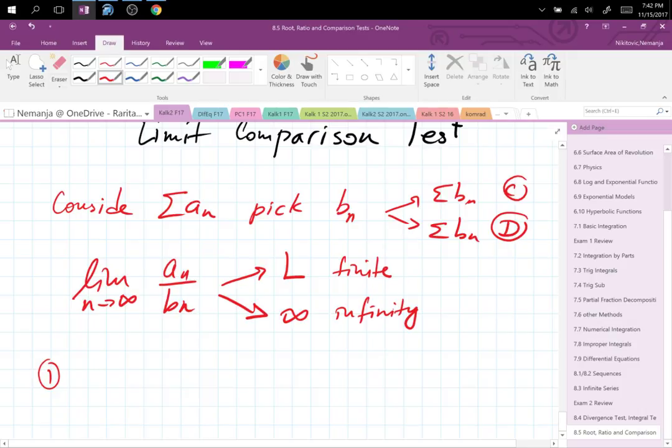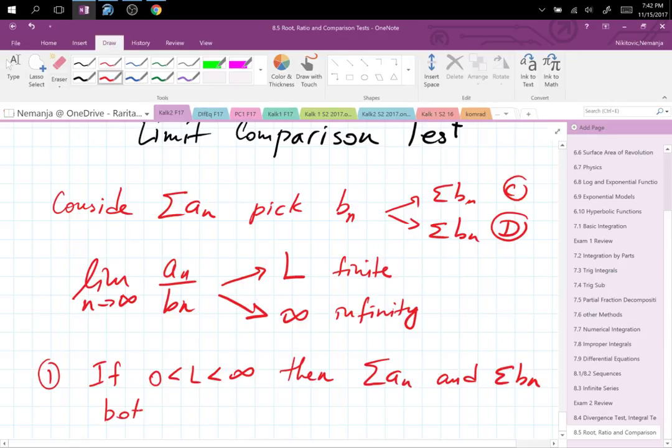Number 1, if 0 less than L less than infinity, then summation AN and summation BN both do the same thing. This is not mathematically what I should say. Then they both converge or they both diverge.